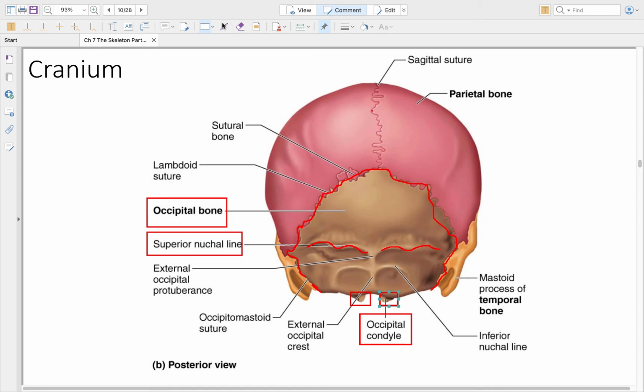The next bone marking is the inferior nuchal line. Just like there's a superior one, see the smaller one is right there. Perfect.